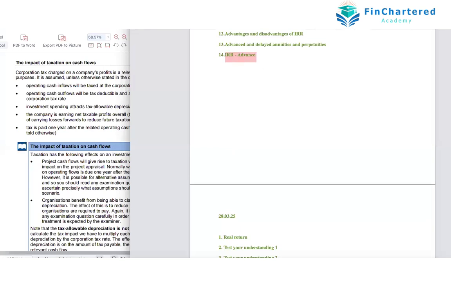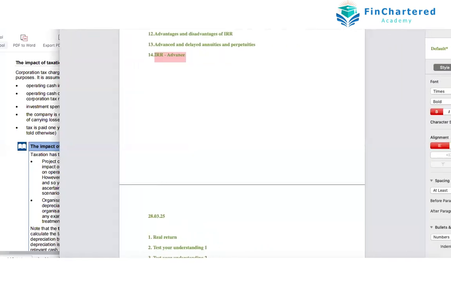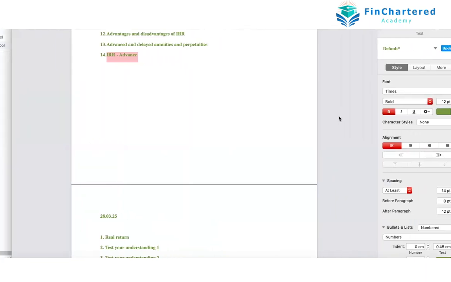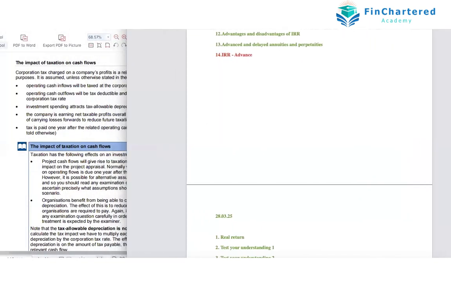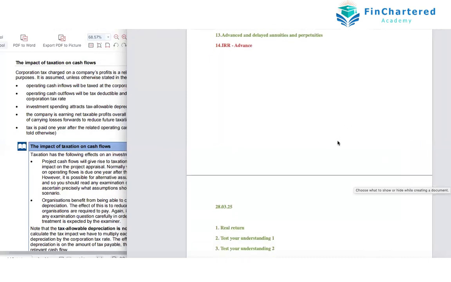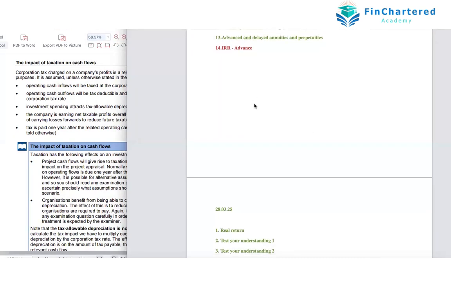IRR advanced, how come this is green? We didn't do that. Review this. Perpetuities, we are yet to do a sum on perpetuities, delayed perpetuities. But apart from this, go through these things that are on the screen, and let me know how much is your understanding out of 5.